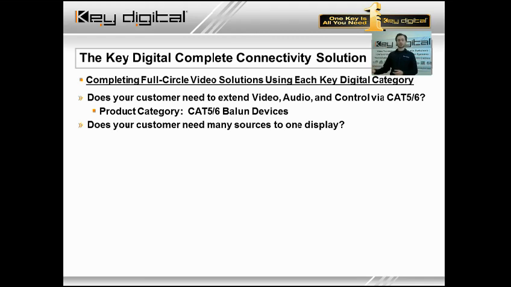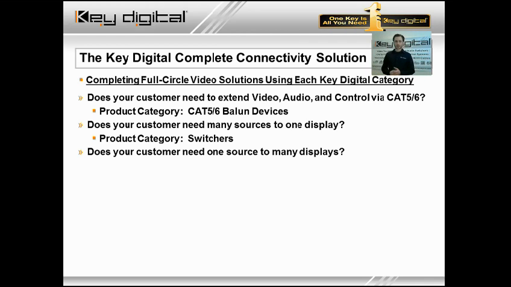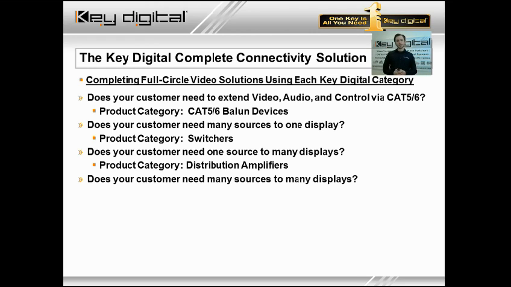If you have many sources to one display, you will need a switcher, and this is certainly a product category that we're going to be highlighting today. If you have one source and you need to go to many displays, one input, many outputs, is going to require a distribution amplifier.